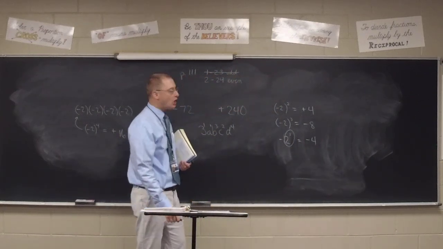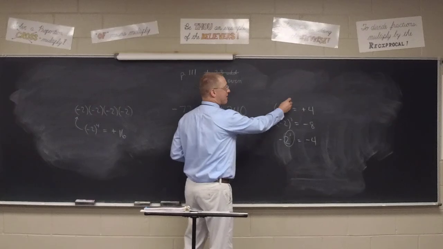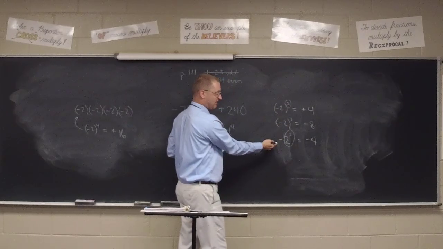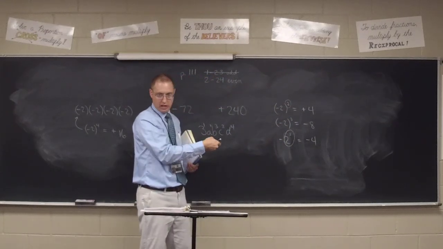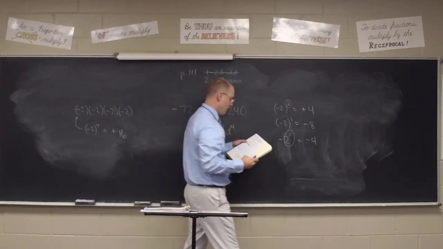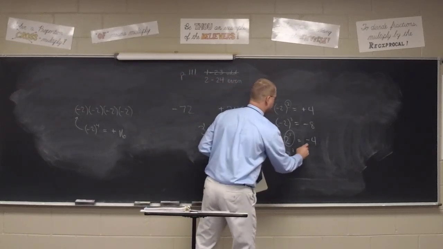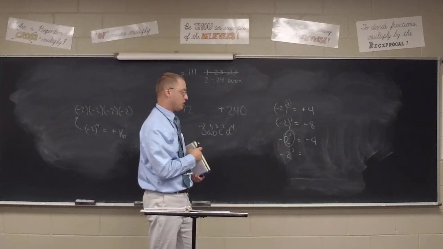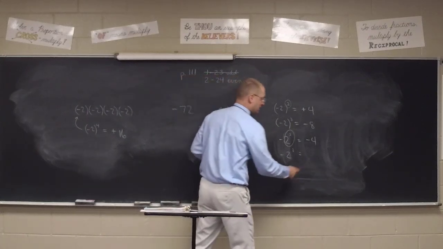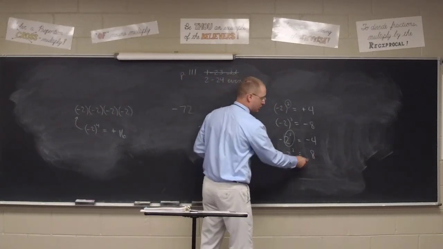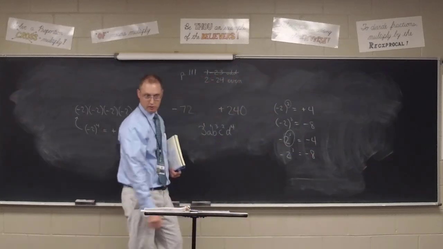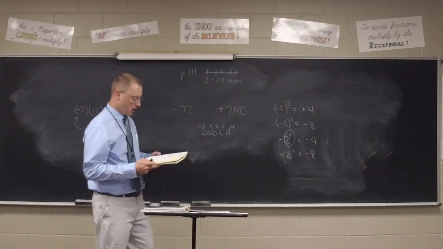Does that make sense? So if the negative is grouped, that means we have that many negatives. If the negative is in front, there's just the one negative that's just sitting out there doing nothing. Right? You see that as well, negative 2 cubed. What's being cubed? The 2. Just the 2. 2 cubed is 8. And of course I still have this negative that's just sitting there. Does that make sense? Okay, so I wanted to point that out as well.